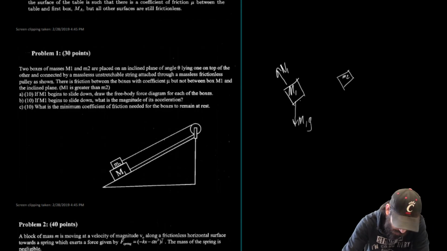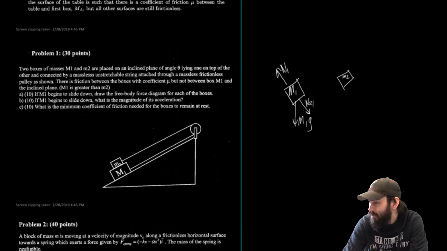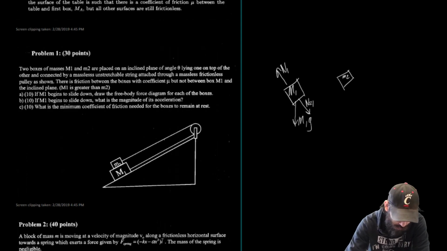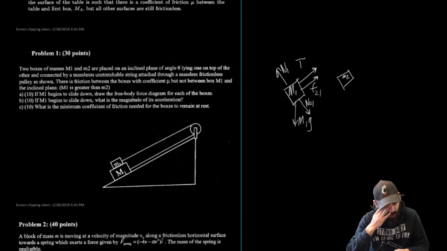We also have a normal force that is acting from block 2 to block 1. So we're going to call this one N21. We have the tension acting up, and we also have a force of friction, and we're going to call this F. That is the force of friction that object 2 acts on object 1 to prevent this from moving.